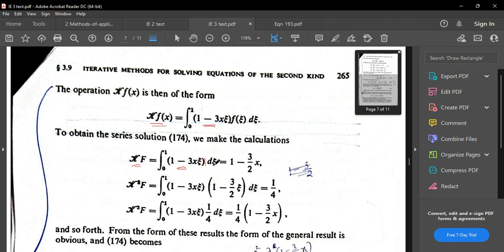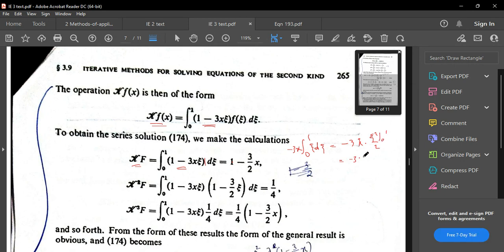So by integrating, what will you get? Integral 0 to 1 of 1 d psi, this is 1. Integral 0 to 1 of minus 3x psi d psi; minus 3x can be taken outside. This psi d psi gives minus 3x into psi square by 2, bound from 0 to 1.